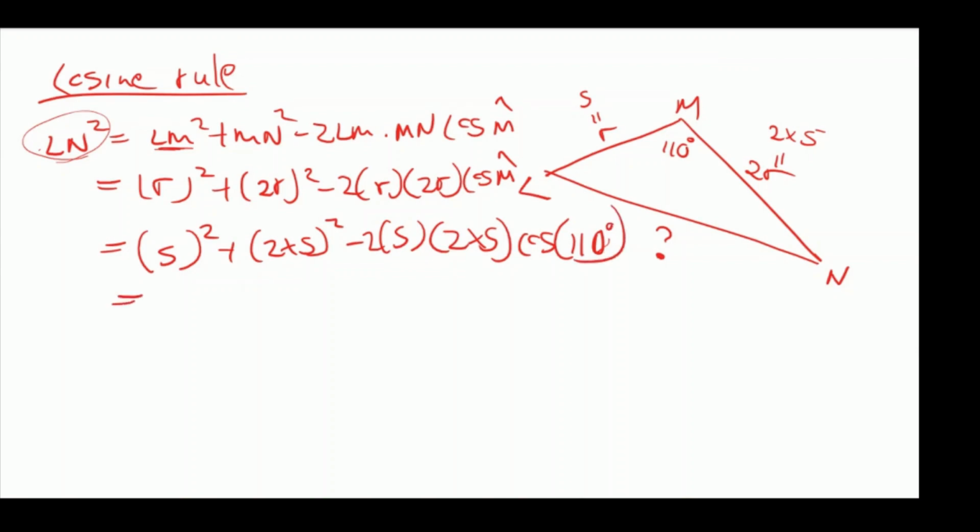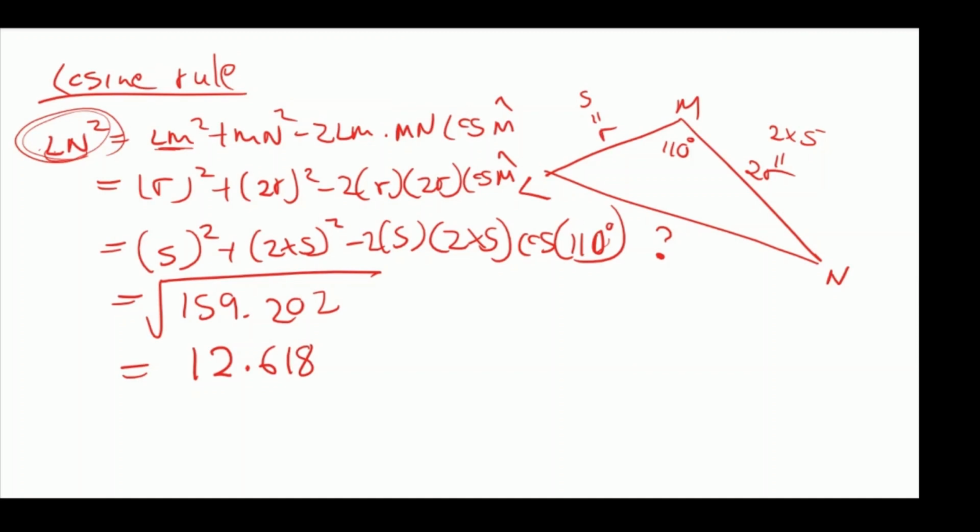If you punch this in your calculator, you're going to get 159.202. Just write it in 3 decimals, and then you put the square root because it's LN squared, and the final answer you're going to get is 12.618 meters. So this is the length of LN.